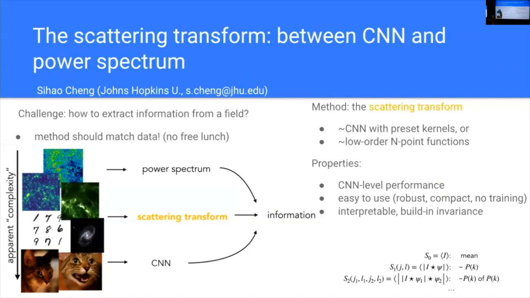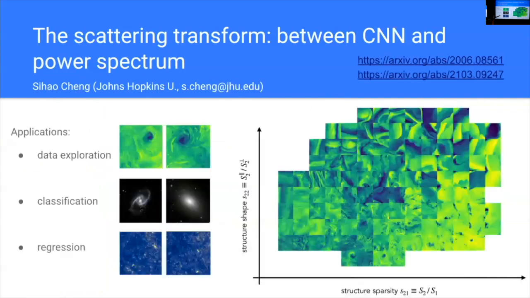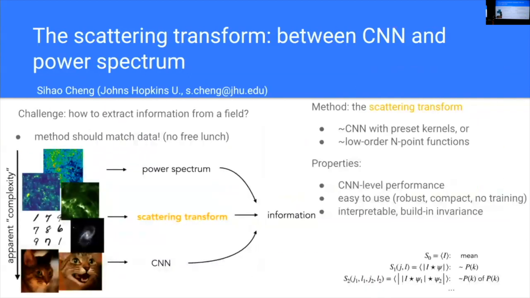And almost everywhere you tend to use CNN nowadays, you can step back a bit, be more conservative, and try the scattering transform. And we constantly find that they will give you very similar results. I'll show something like that in the next slide. And again, the third property is it has built-in invariance and it's interpretable.